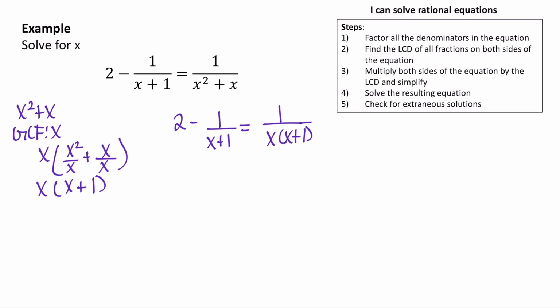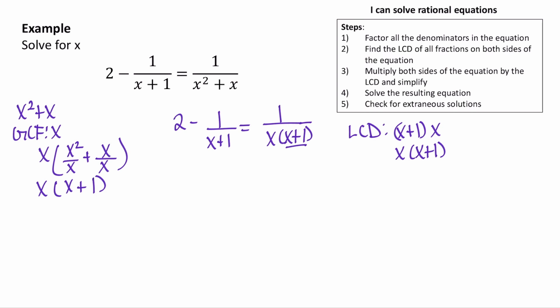So now we're going to find the LCD, the least common denominator. We have an x plus 1 factor, and we also have a factor of x. We don't need to write the x plus 1 again because that's already been included in our LCD. So we're going to take this x times x plus 1 and multiply every single rational expression in our equation by this least common denominator.